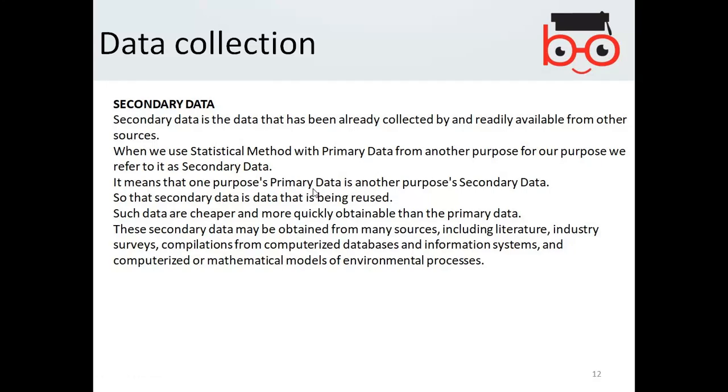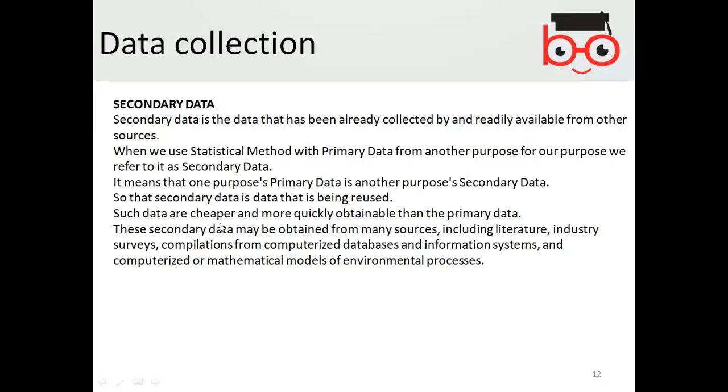The same data which you are referring to becomes secondary data for you, while for the someone who originally collected it, it was primary data. Secondary data is data that is being reused. If you reuse the data, it becomes secondary for you, and for whoever did the research, it is the primary data for them.